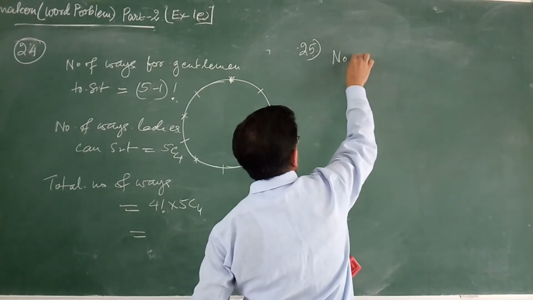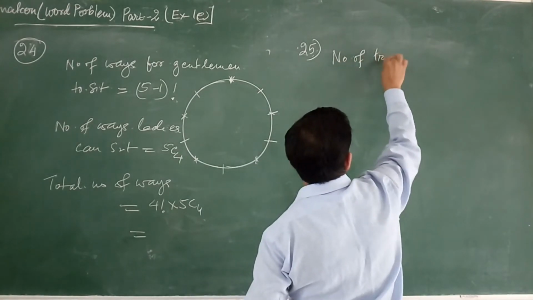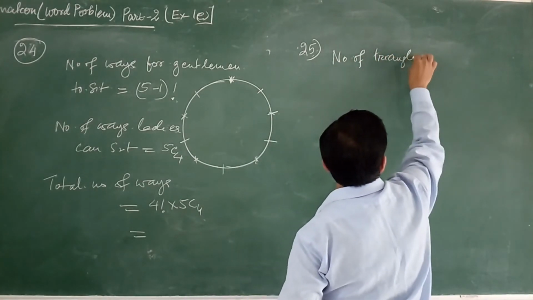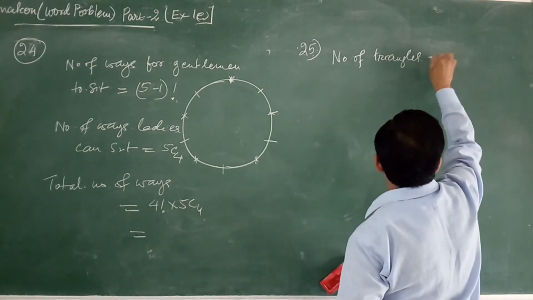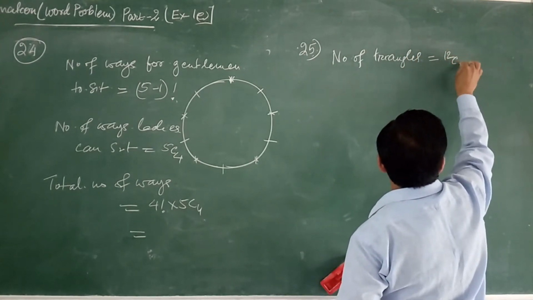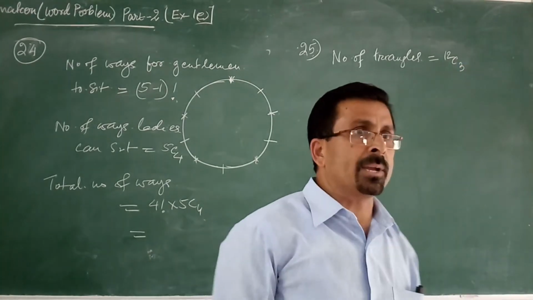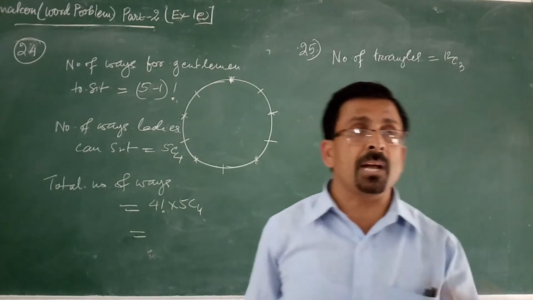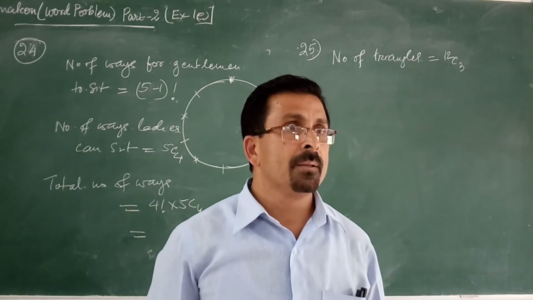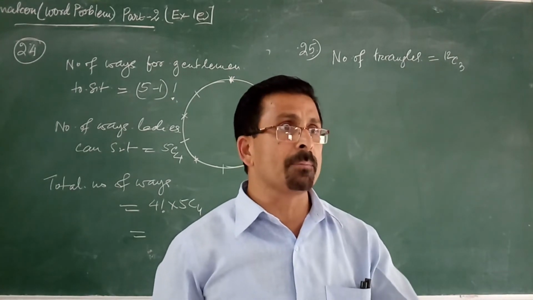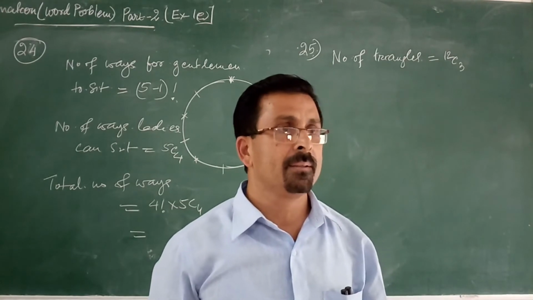So we'll find the number of triangles. Number of triangles will be equal to 12C3. Is it okay? Yes, sir. But after doing this, I suddenly realized that this can be possible only if all the points are non-collinear.